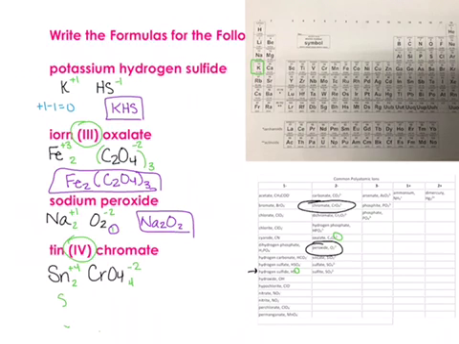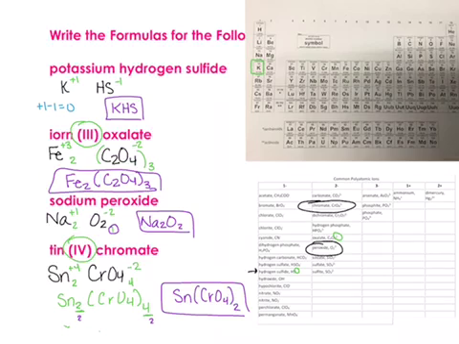And when we do that, we get tin 2 and chromate 4. But what you have to check here now is we're not in our lowest whole number ratio. So to do that, we have to just divide out the 2. So it'd be tin and then chromate, CrO4, 2. So these each get divided by 2 for our final answer.